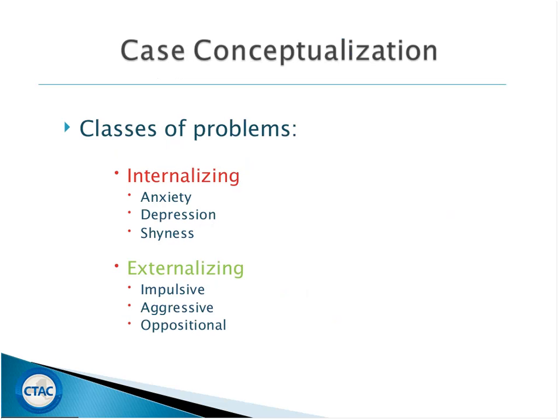So I think that I've given some directions within this, but we're going to conceptualize these problems within two broad classes. The internalizing problems, which would be anxiety, depression, shyness, and those disorders within there, and externalizing problems, which are impulsive problems, aggressive problems, oppositionality, or conduct problems.